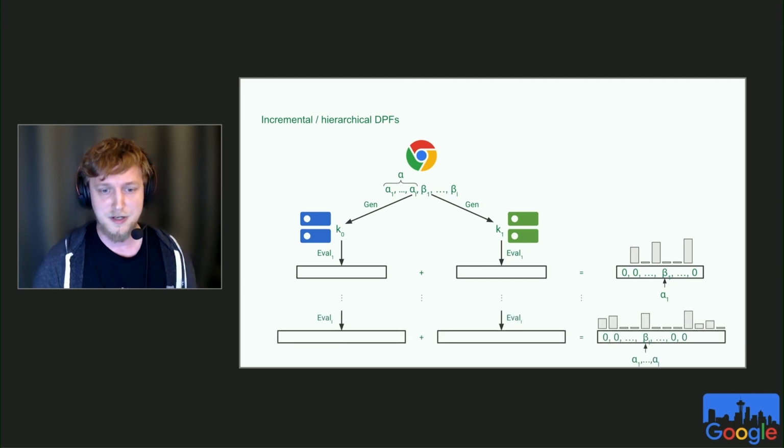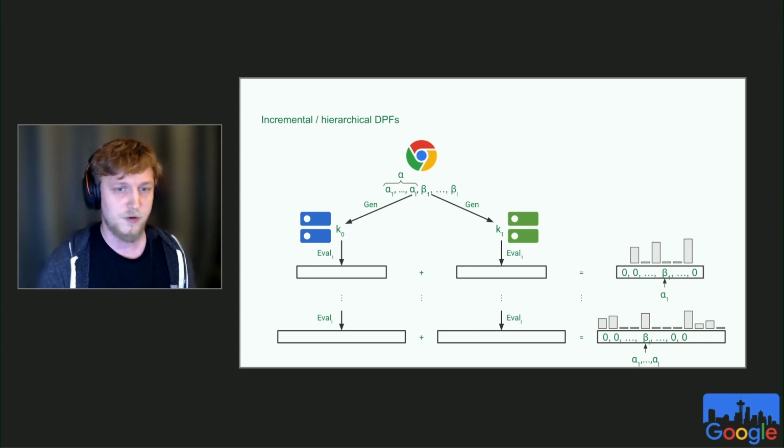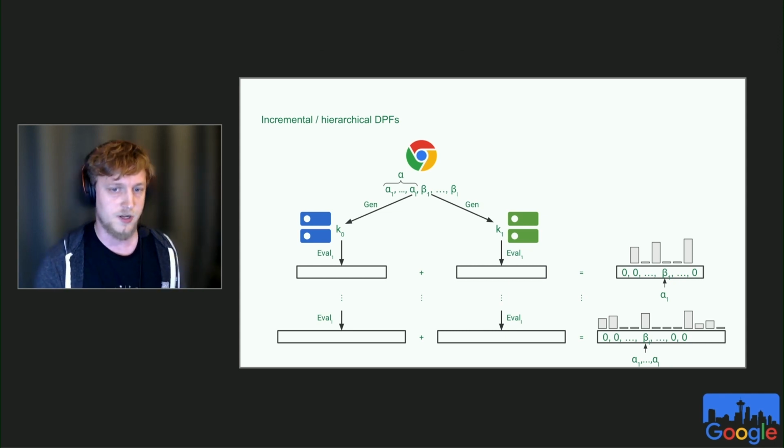That is done iteratively through each of these prefixes until we get to the final histogram. In this process, the servers don't need to perform computation proportional to the entire domain size, but only proportional to the actual number of non-zeros. So that means we can scale this to really large domain sizes, such as 2 to the 32 and something like that.